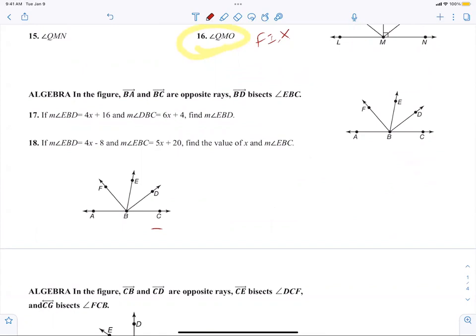So let's review. What does bisect mean? In the middle, right? But it says that BD bisects EBC. So let's find BD. All right, so here is BD.